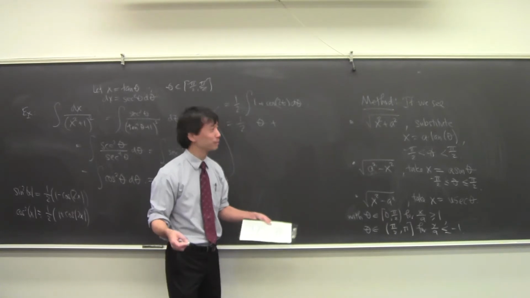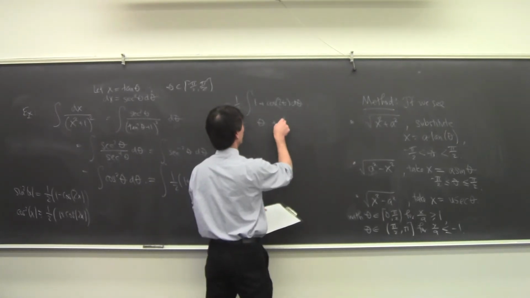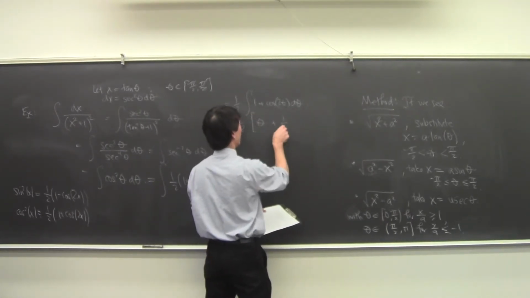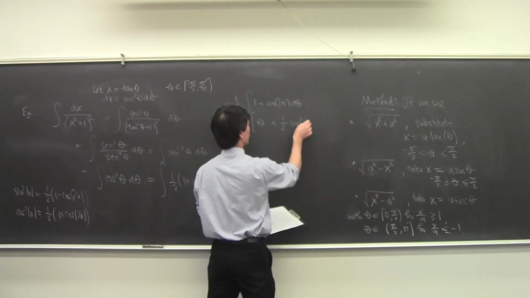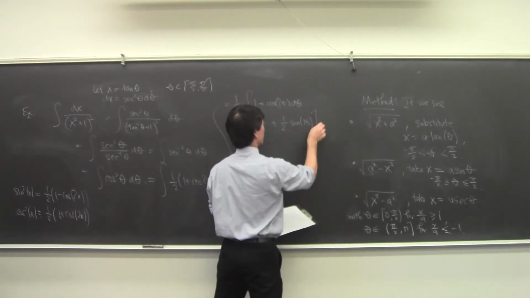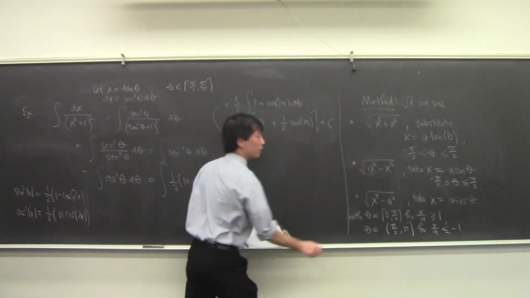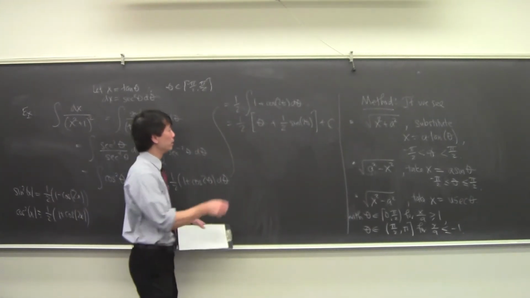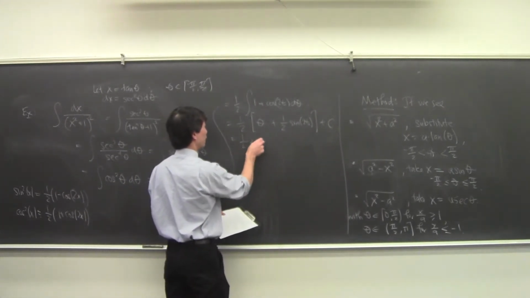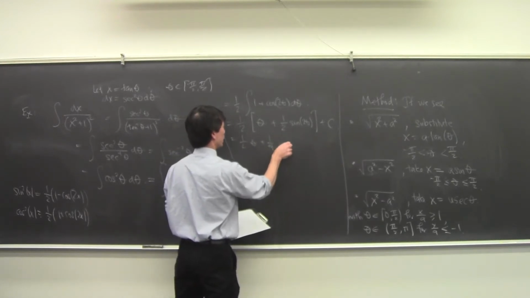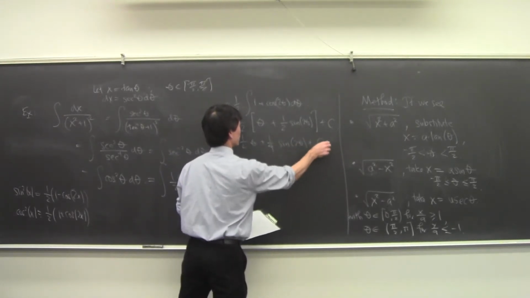Anybody? 1/2 sine 2 theta plus constant. Right? You get 1/2 theta plus 1/4 of sine 2 theta plus constant.